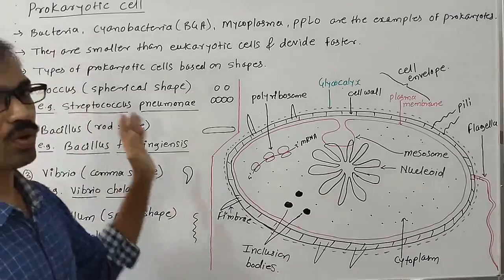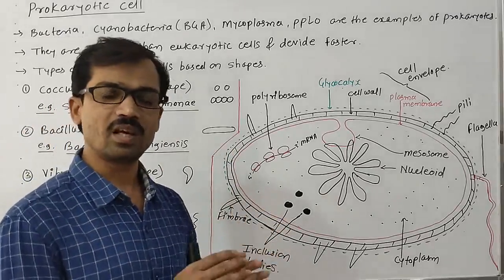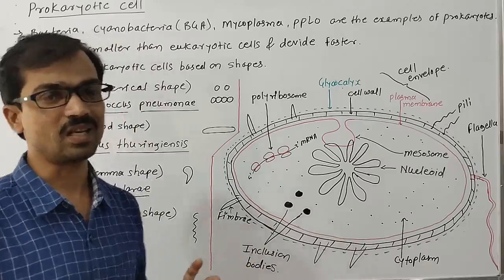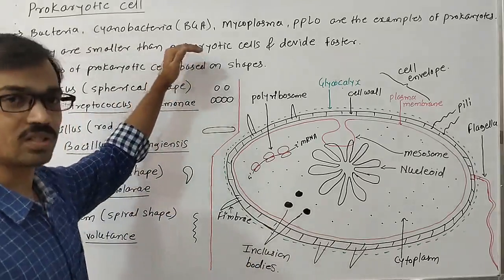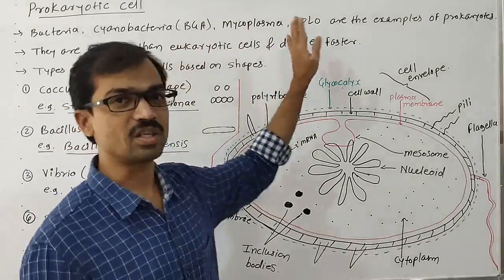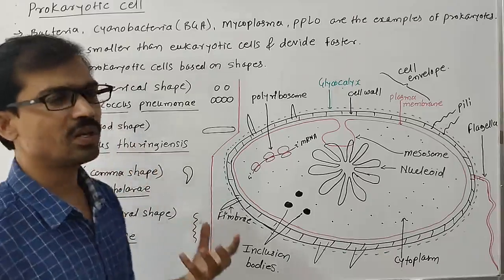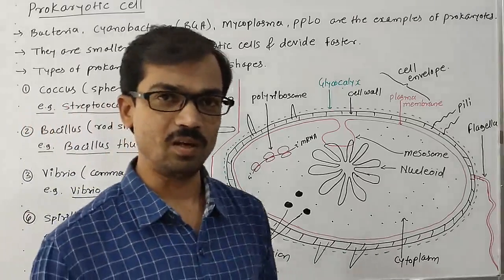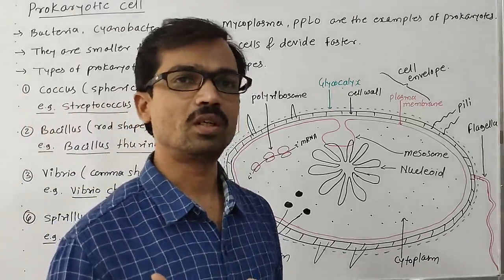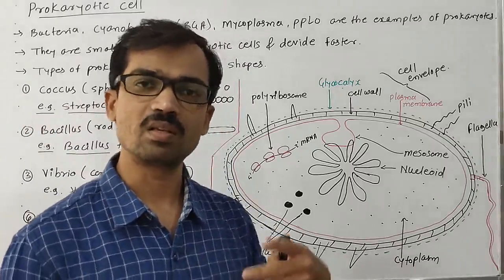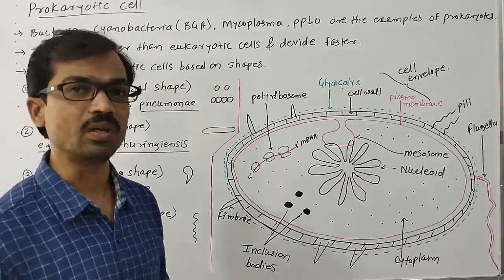Prokaryotic cells in general are very small in size compared to eukaryotic cells, and they divide faster. For example, an E. coli cell with favorable growth conditions can divide every 20 minutes.